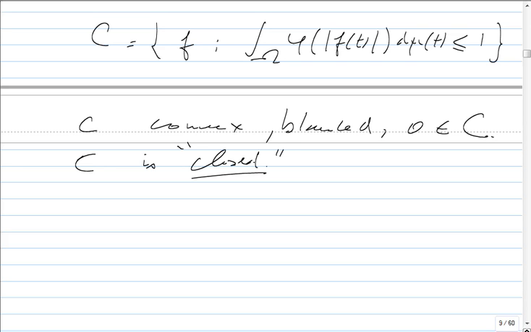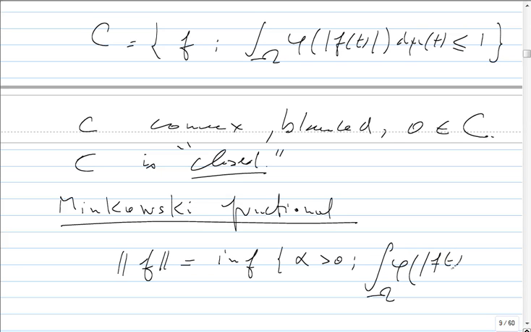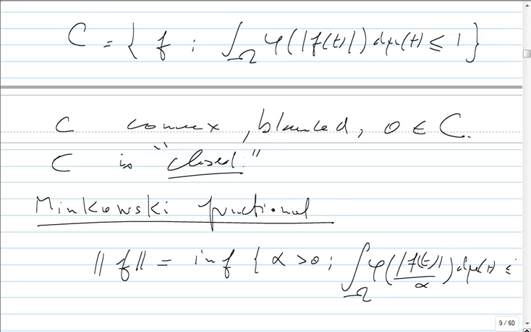Nice. So what he did, he took the Minkowski function, and that is the norm. So the norm of f is going to be the infimum of alpha such that the integral over omega of phi of f of t over alpha, d mu of t, is less or equal than 1.